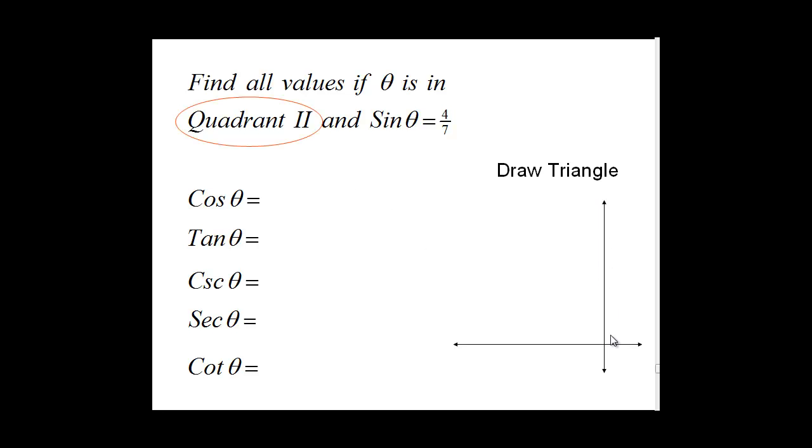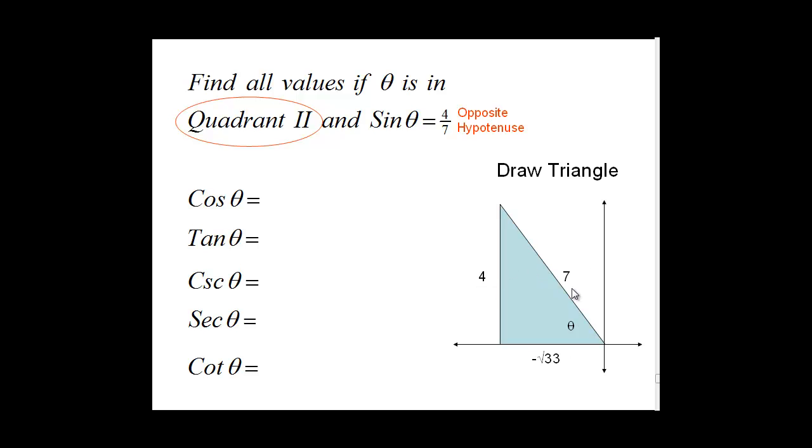So, if I draw quadrant 2, and I put a triangle in quadrant 2, my angle is going to be down here, touching the x-axis, and going up to some line that I arbitrarily drew in there. I don't know how big the angle is. I just know it's going to be down here. Then I know sine is opposite divided by the hypotenuse. So if I put my theta down here inside the blue triangle that I drew, opposite is 4 and hypotenuse is 7.